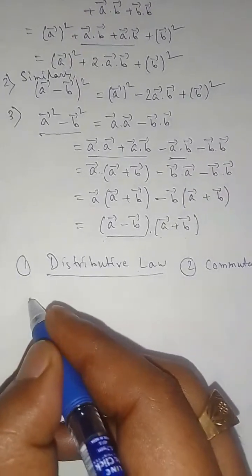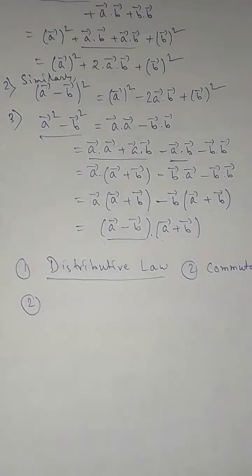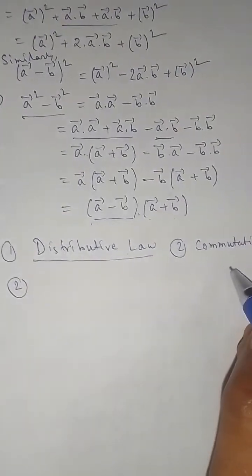First, proving commutative law. How we can prove that square product satisfies commutative law?